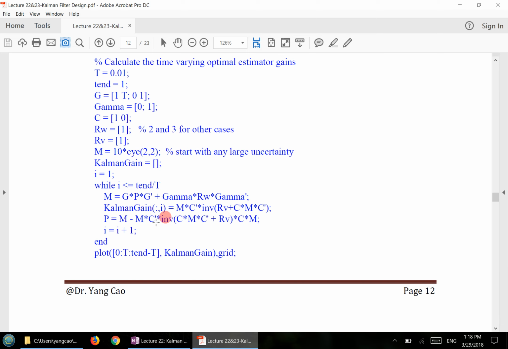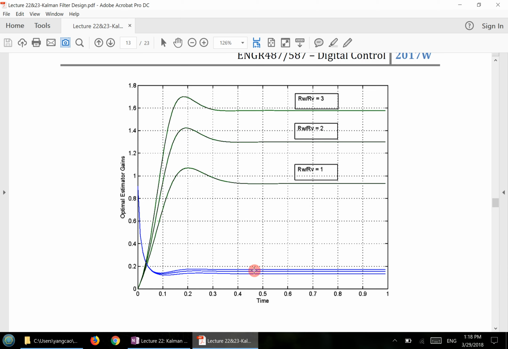As you plot the Kalman filter gain out, you will see in this case the system is a 2x2 system, so the order is 2. And there's only one output. The size of the Kalman gain matrix is what? It's 2 by 1, right? So it's a vector, 2 by 1. When you plot it, I plot this according to 3 different scenarios. One scenario is when the process noise over the sensor noise ratio is 1. The other one is when the process noise over the measurement noise ratio is 2.